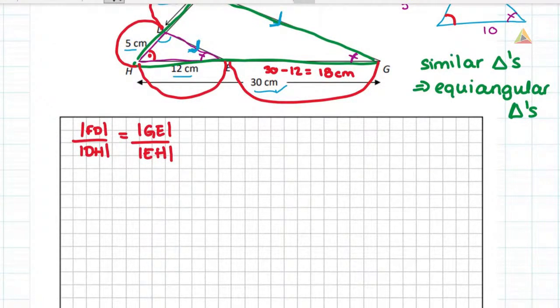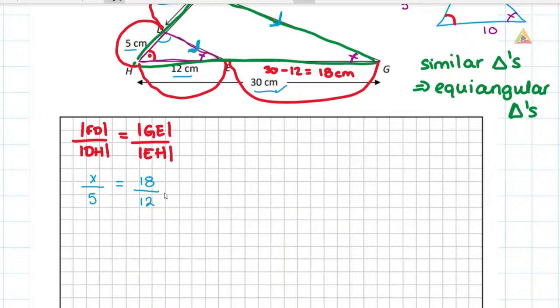So the distance from F to D was x centimeters divided by the distance from D to H was 5 centimeters is equal to the distance from G to E, we've worked out is 18 centimeters, over the distance from E to H is 12 centimeters.